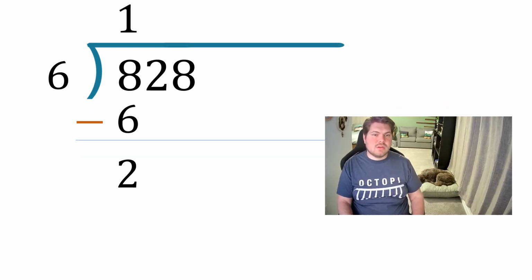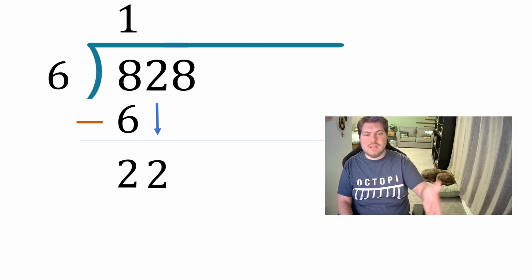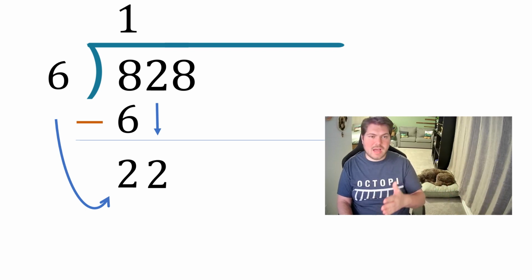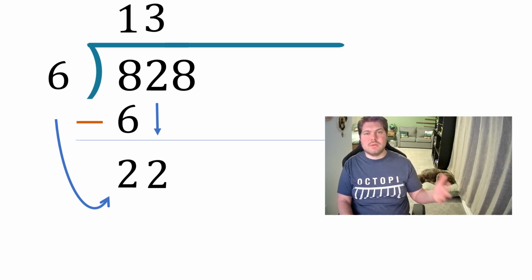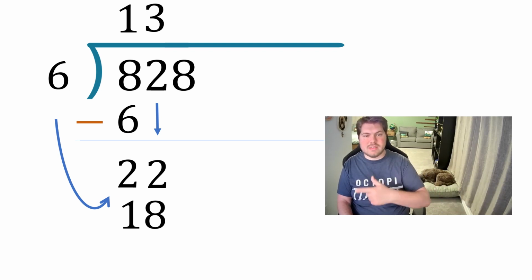All right, so now instead of seeing what can go into 2, we're going to bring the other 2 down and see how many times 6 goes into 22. And 6 goes into 22 3 times, which is 18, by the way. 6 times 3 is 18.